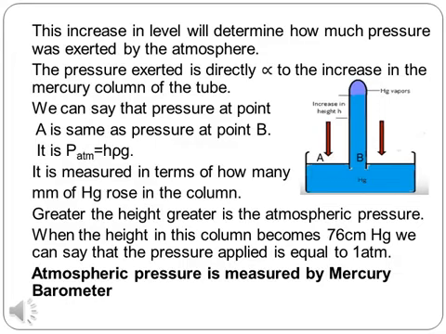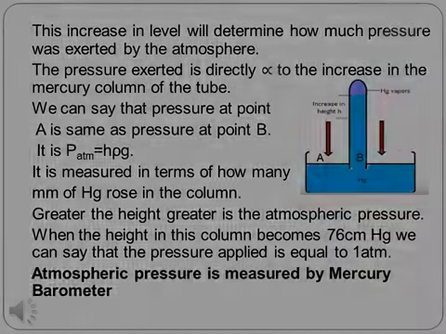Then it can be concluded that the mercury barometer works under the principle of gauge pressure, which is P minus PA equal to H rho g. Here P is P atmosphere and PA is 0. Then P is equal to P atmosphere, which is equal to H rho g.